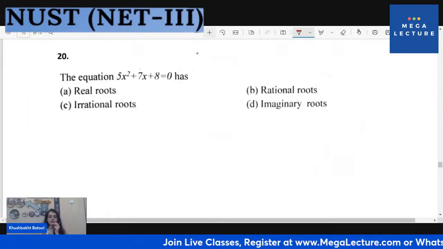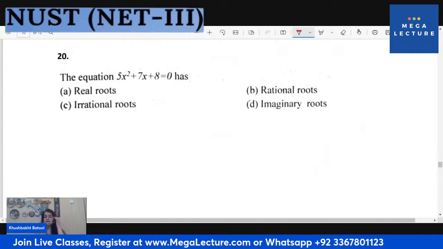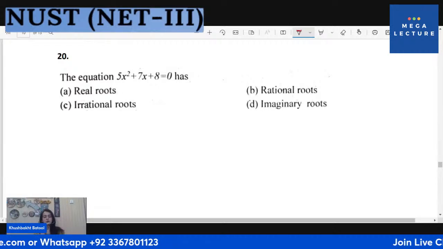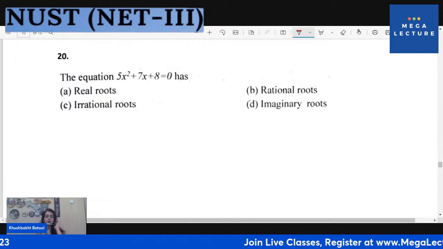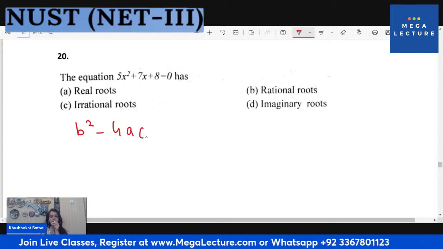Now it says, does the equation have real roots, rational roots, irrational roots, or imaginary roots? You're not supposed to find the roots and waste all the time and then tell your answer. What you can do is directly find the discriminant, that is b squared minus 4ac.